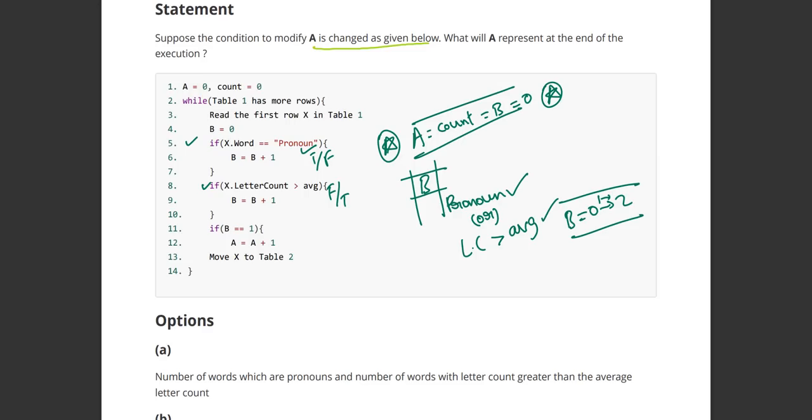If word is a pronoun, then B will be incremented to 1, and these two lines in combination is one of the cases under which we can increment B. So this is case 1. And now coming to another case, this is case 2. If x dot letter count is greater than average, then B is equal to B plus 1.